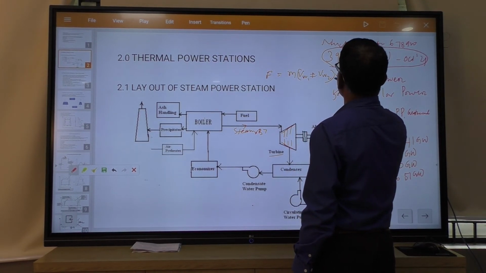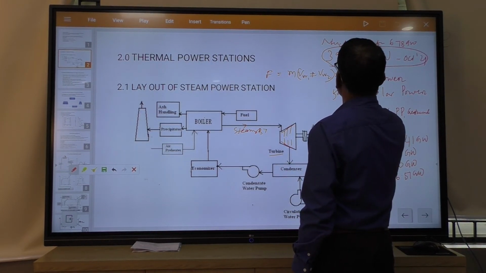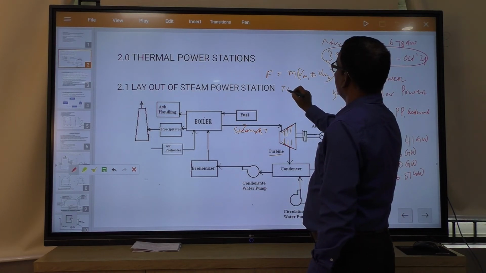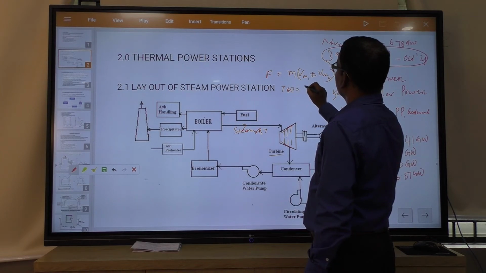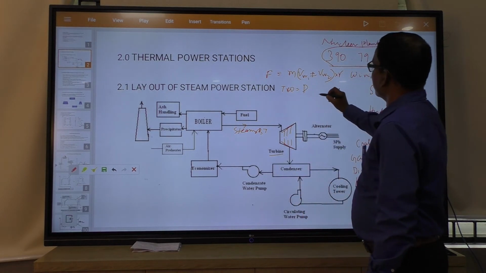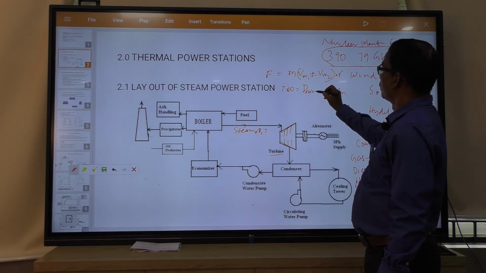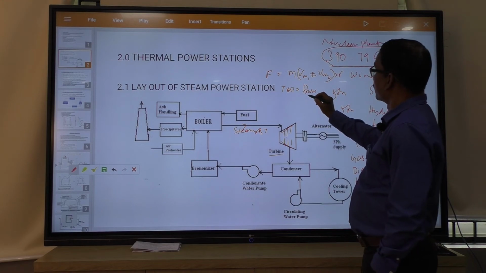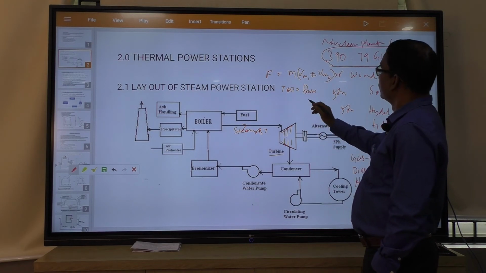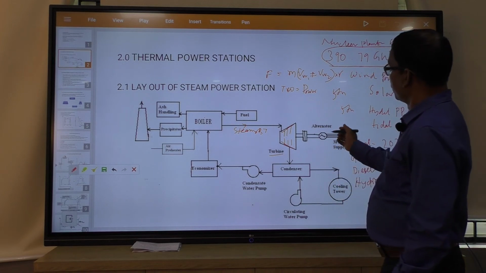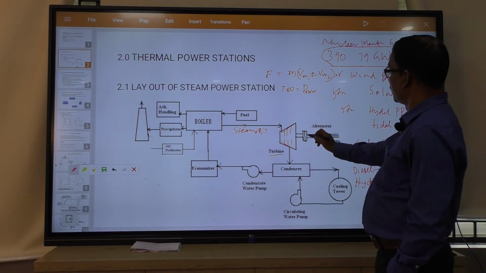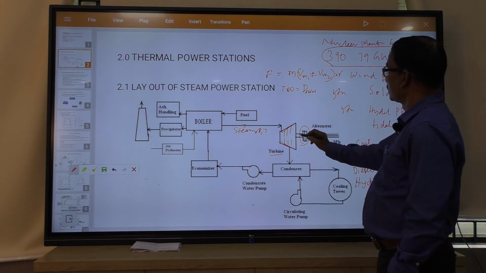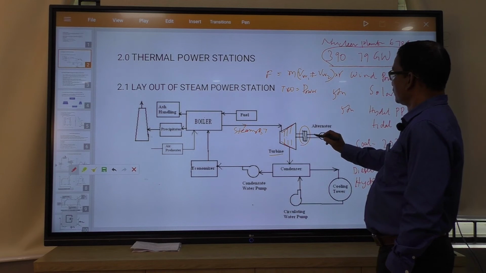And if you multiply by the radius, you get the torque, and torque into angular velocity is your mechanical power, also known as BP, brake power. That brake power is transmitted to the generator shaft; here there is a coupling. This is the coupling, this is the turbine shaft and this is the generator shaft.